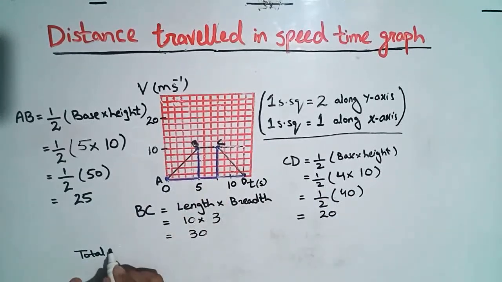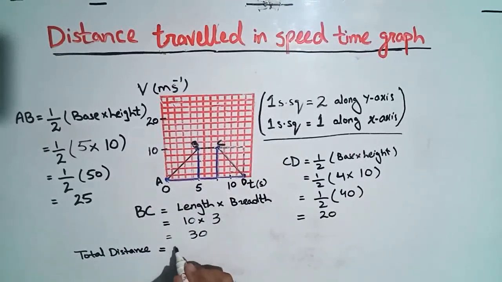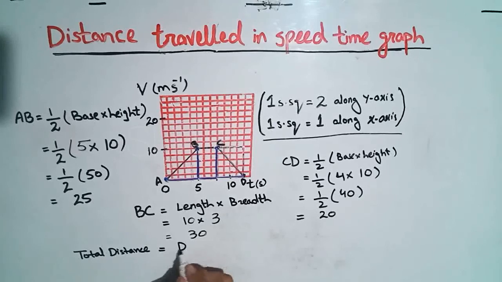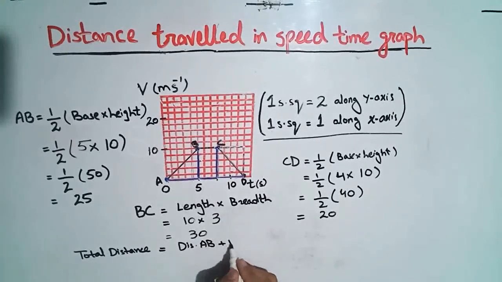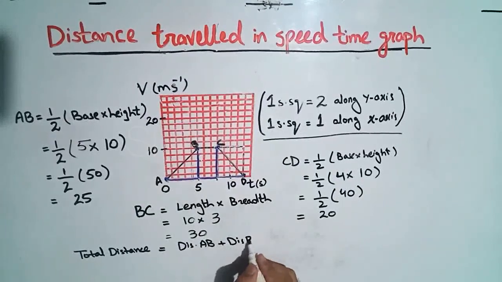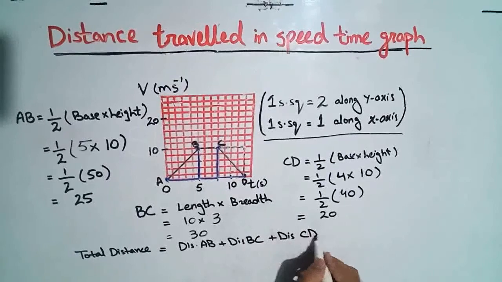So total distance is equal to distance of AB plus distance of BC plus distance of CD.